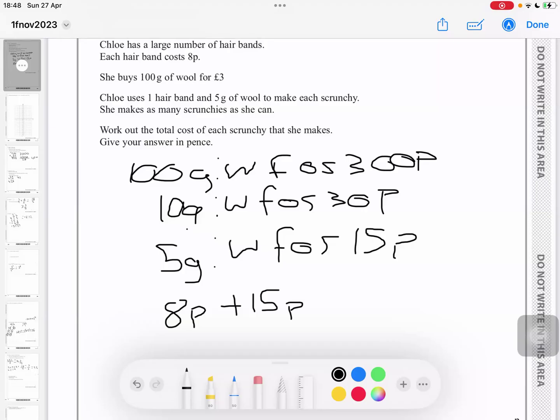What I was thinking was you would get how many bands of wool she would use, right? That would be 20. She'll be able to get exactly 25 grams from 100.